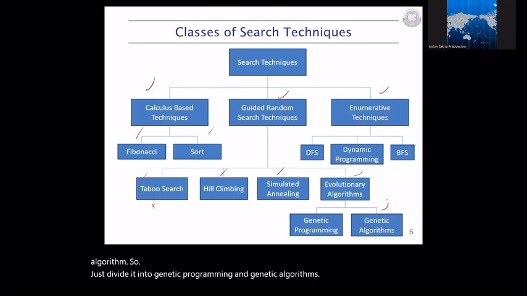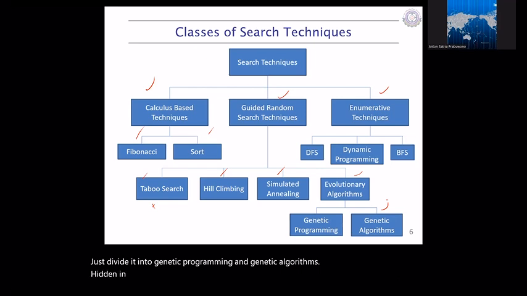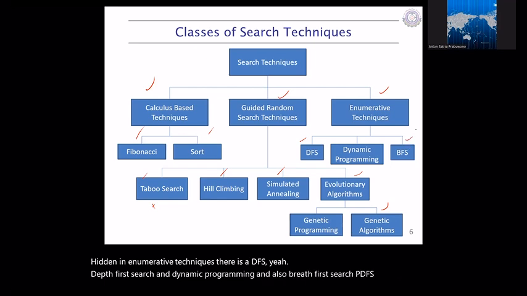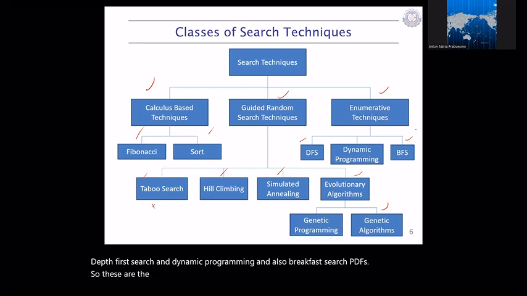Right, and in enumerative techniques, there is DFS, depth first search, dynamic programming, and also breadth first search, BFS. So these are the classes of search technique.